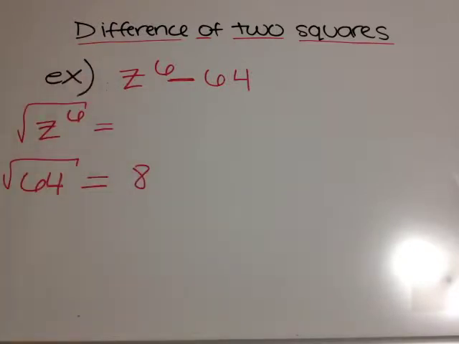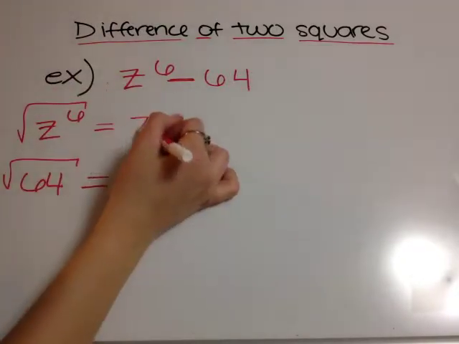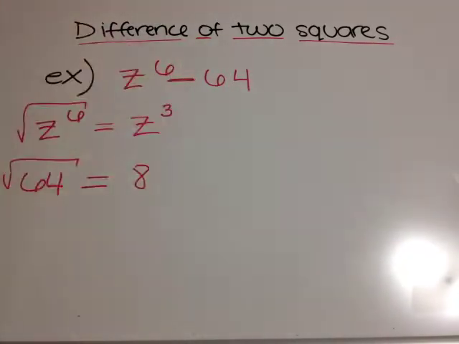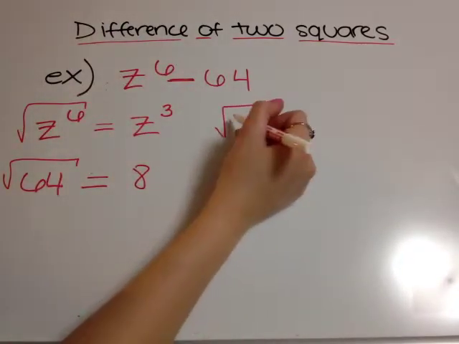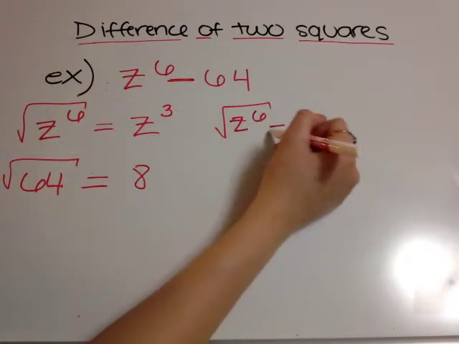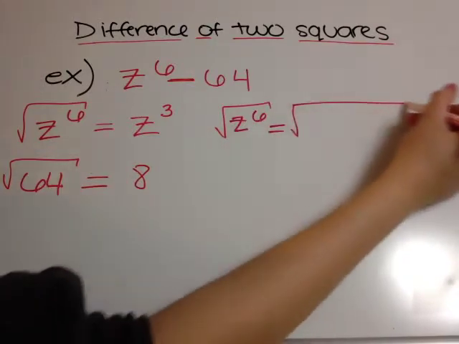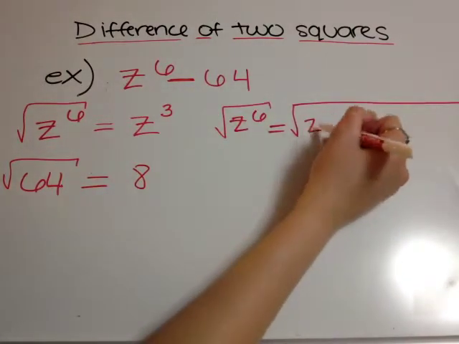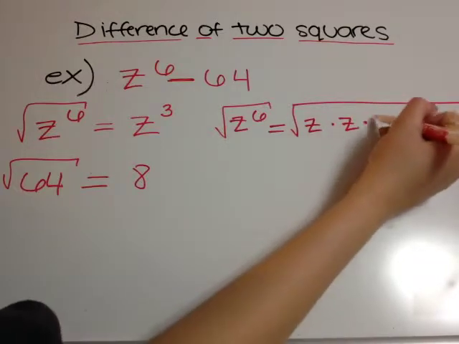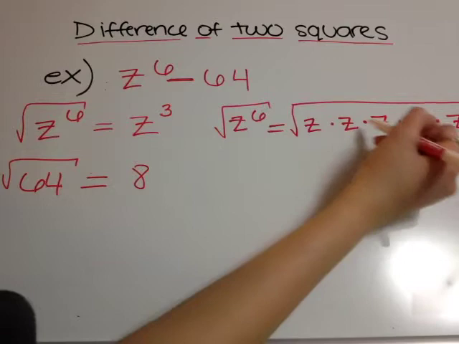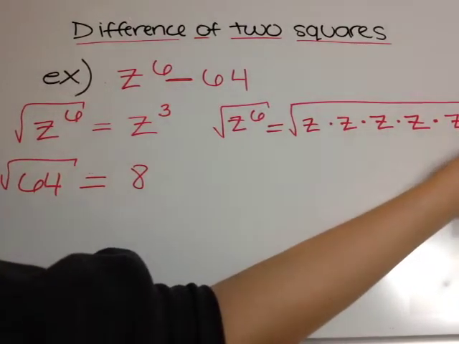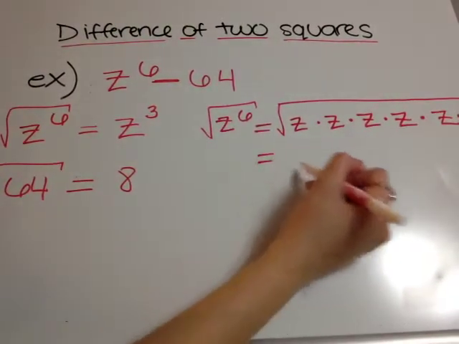Now z to the 6 is a little bit harder to do, but with a little bit of work you can find out that it's z cubed. If you really want to see it, we can figure this out by doing this. z to the 6 equals the square root of z times z times z times z times z times z, 1, 2, 3, 4, 5, 6. Okay, now let's regroup them.